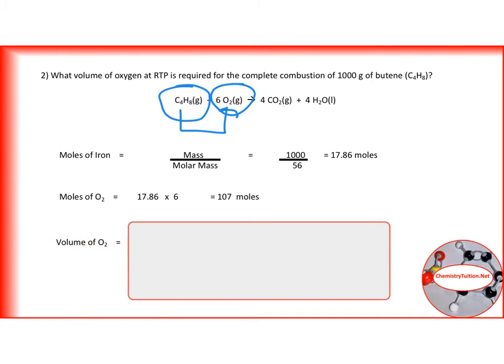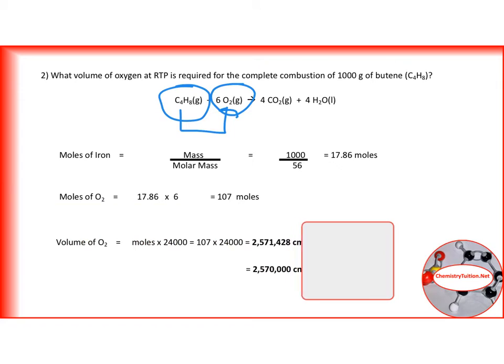Now I need to find my volume of oxygen, which is my moles times 24,000. So 107 times 24,000 gives me quite a large number, 2.5 million centimeters cubed. If we take that to 3 significant figures, it's 2.57 million centimeters cubed.